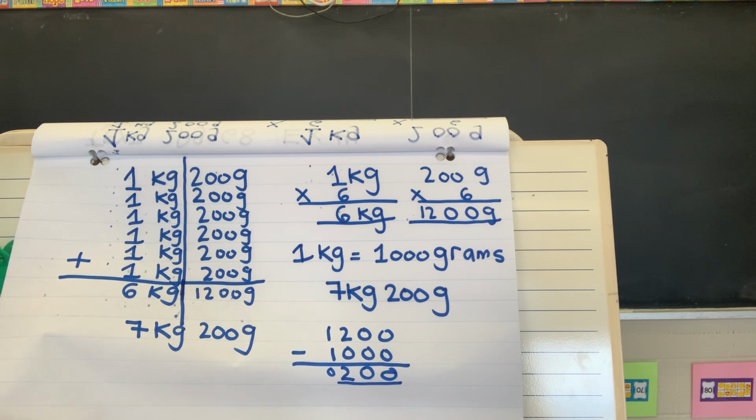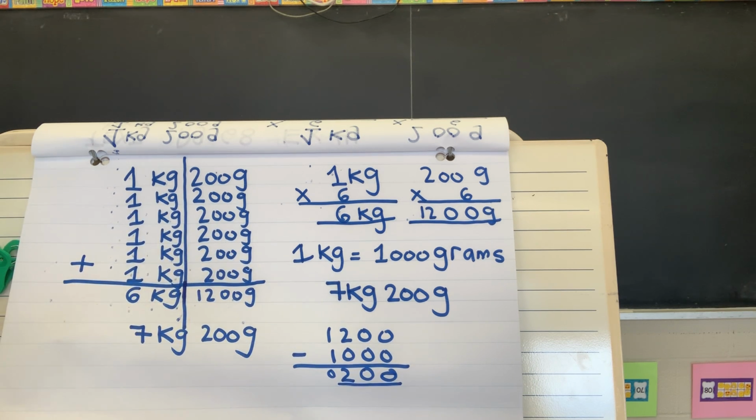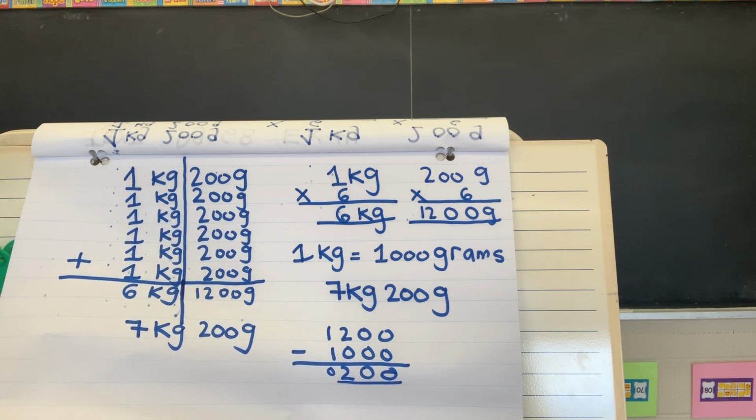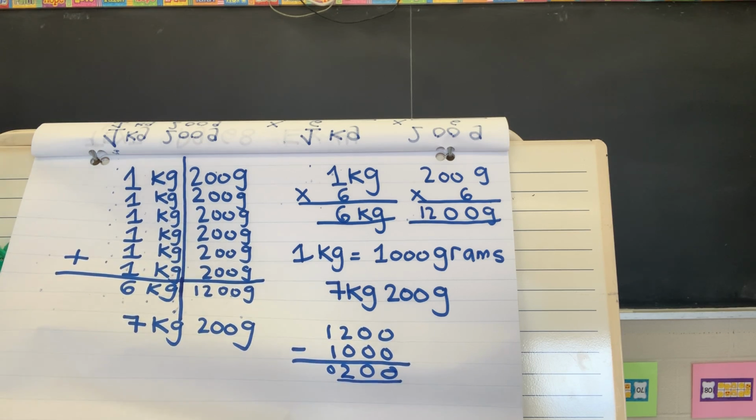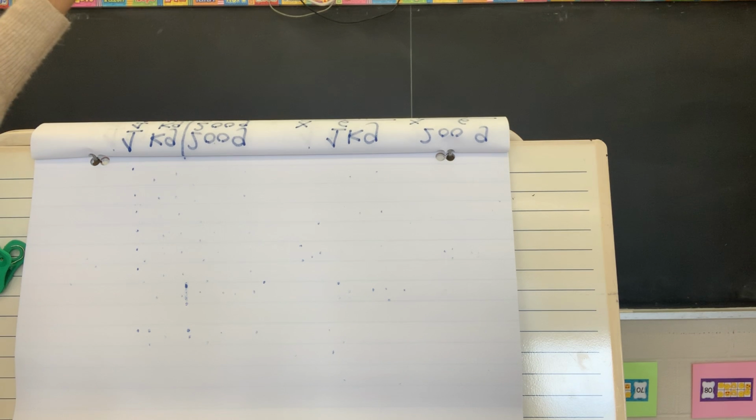Now we are going to move to the same exercise. You need exercise 41, but you're going to learn how to divide compound measures by a 1-digit whole number and solve word problems. Okay, so we are going to do a couple of examples, and so you can finish your exercise 41.